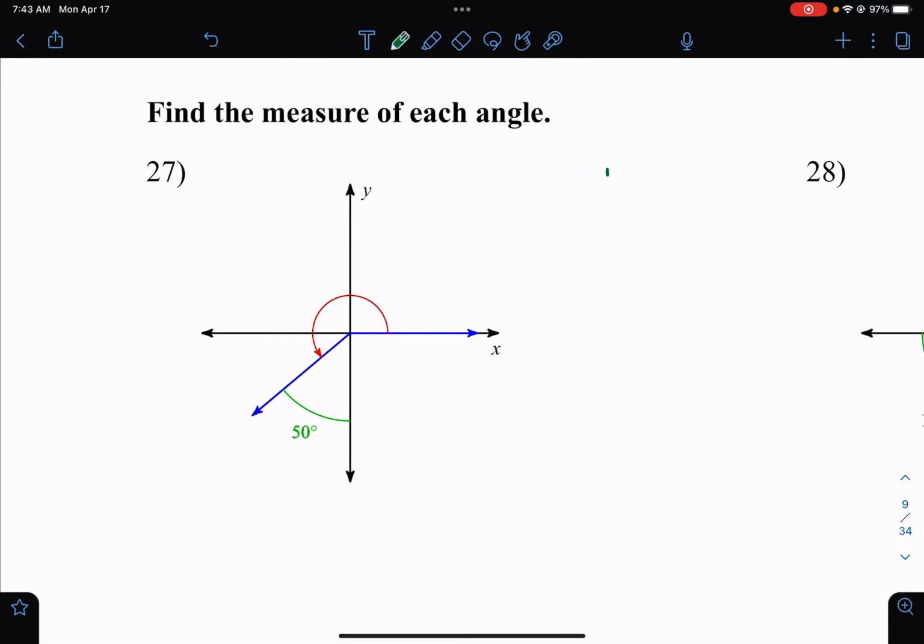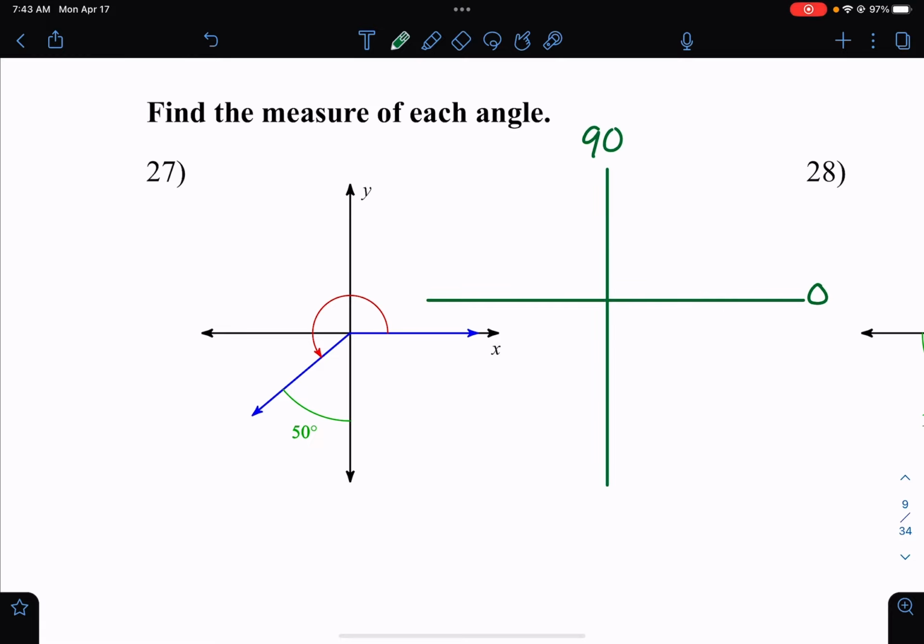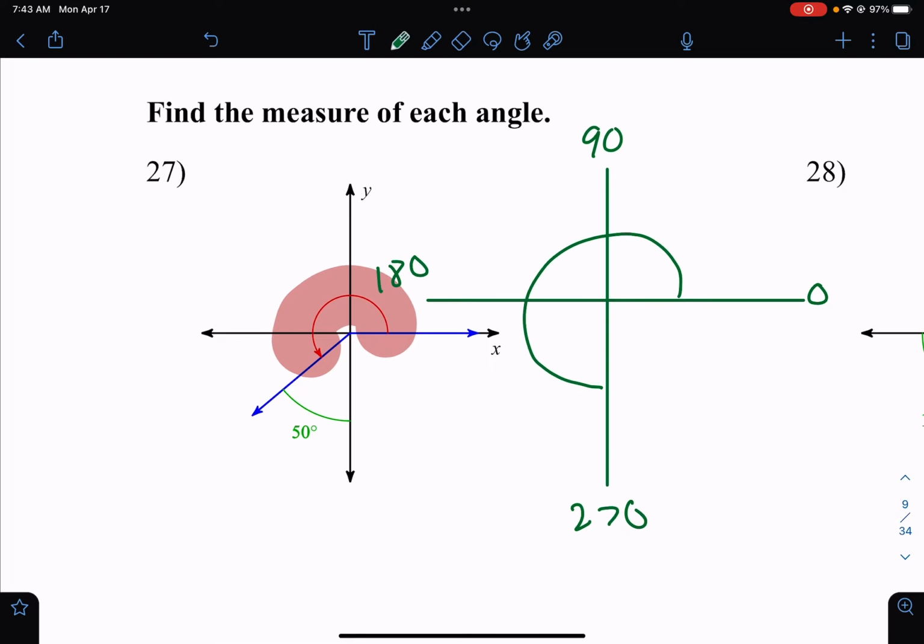So, again, we are going to be using the idea that this is our 0, 90, 180, and 270. And they're asking us for the measure of each angle, specifically the measure of the arrow. We know that from here to here is going to be 270.